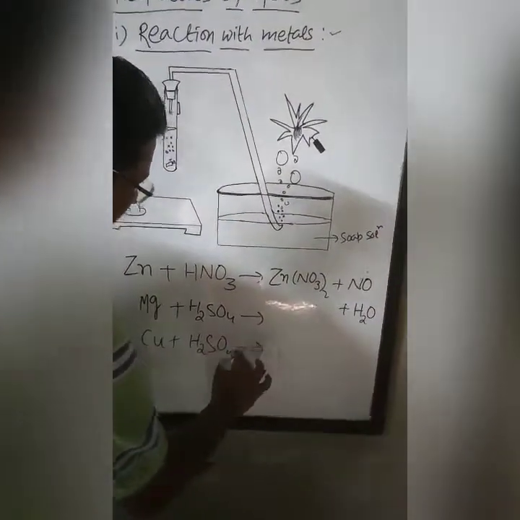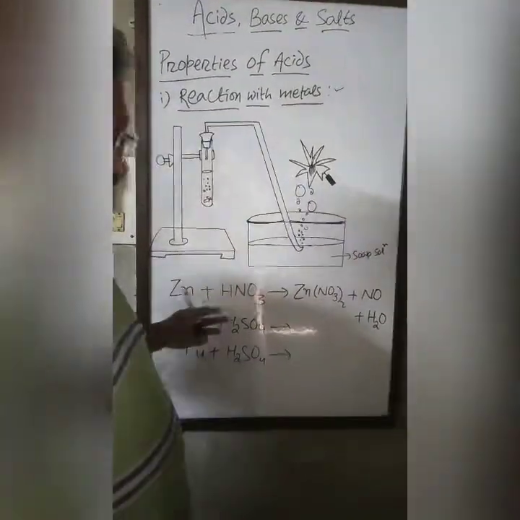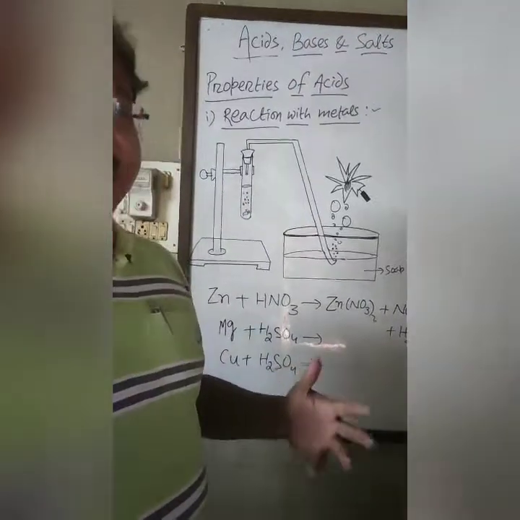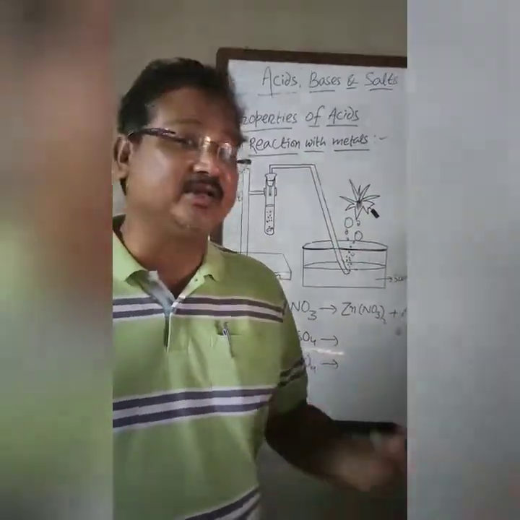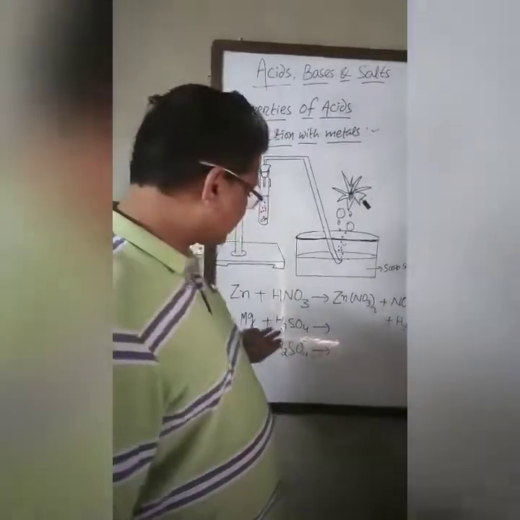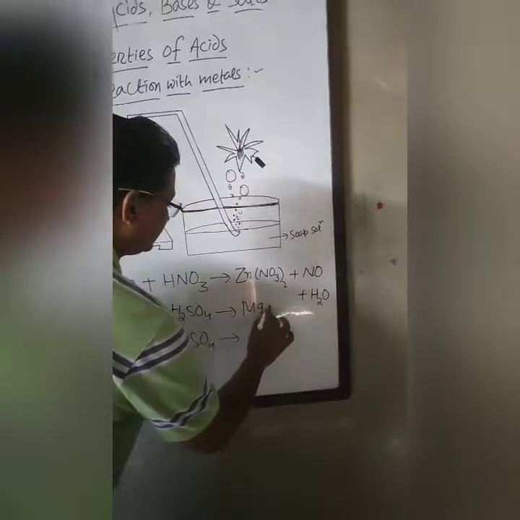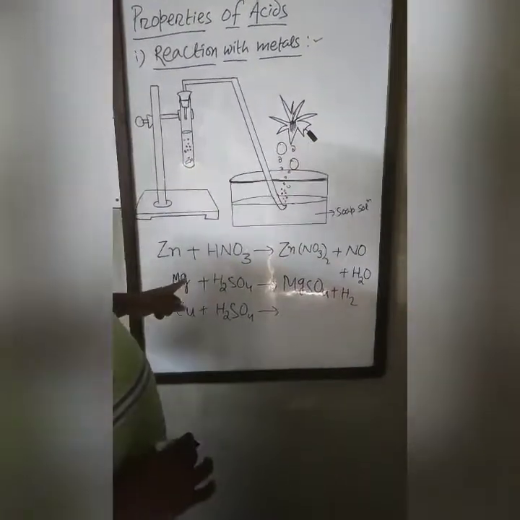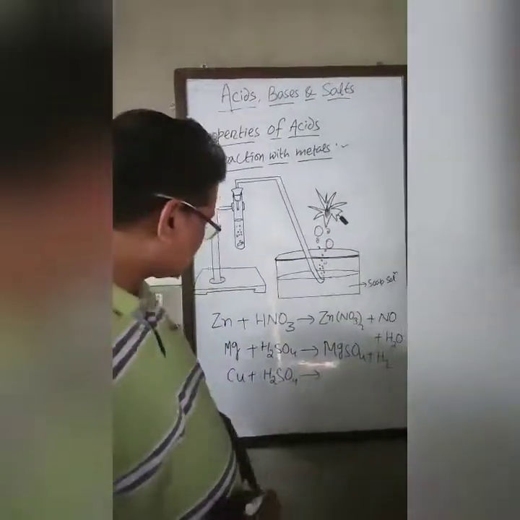What are the reactions that will take place? Magnesium, when it reacts with sulfuric acid, the rate of evolution of hydrogen gas will be faster because magnesium is more reactive than zinc. The rate of displacement will be faster. Products will be magnesium sulfate and hydrogen, and magnesium displaces hydrogen at a rapid rate, so the reaction becomes faster.